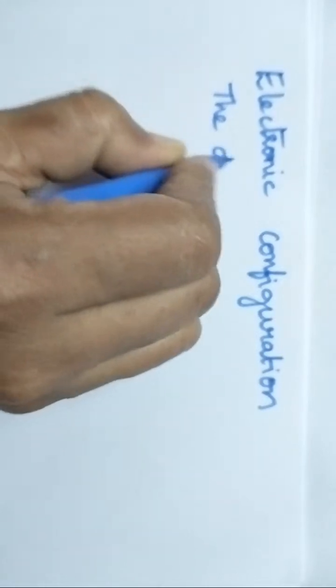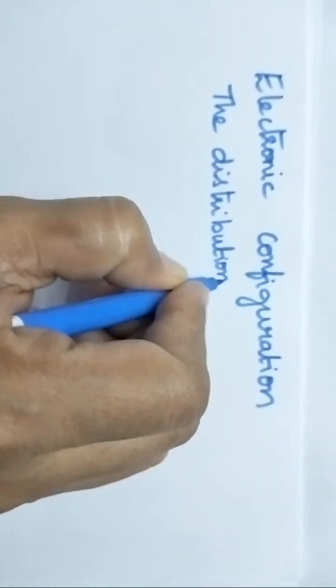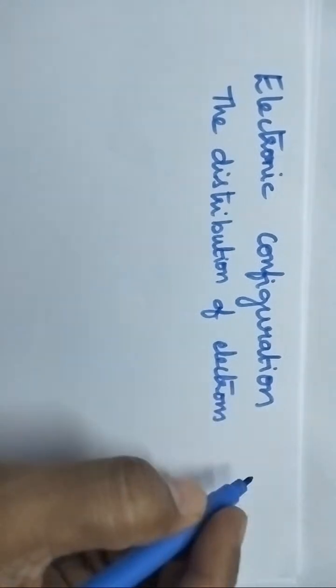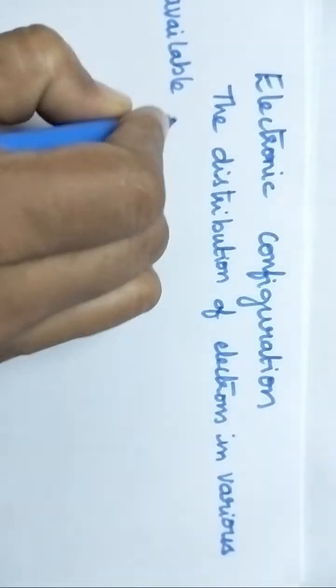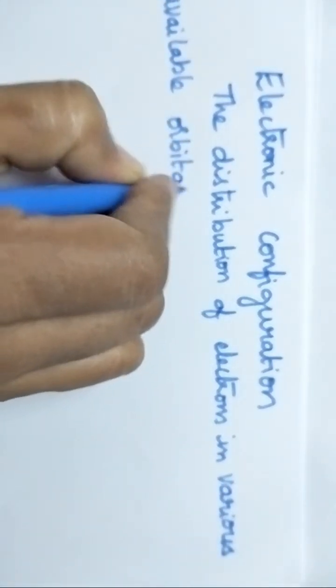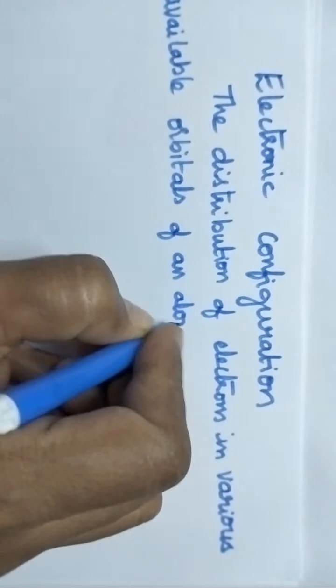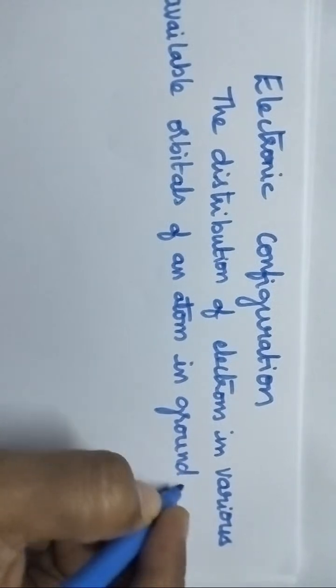It can be defined as the distribution of electrons in various available orbitals of an atom, especially in the ground state.